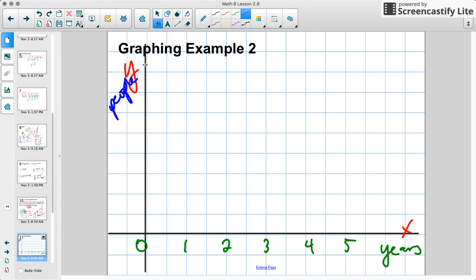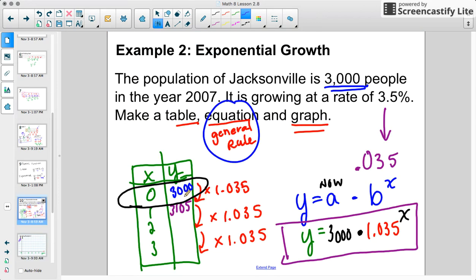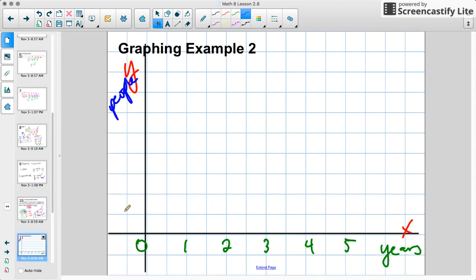I'm not going to count all the way up to 3,000 to make my graph, okay, because there were 3,000 people. I'm going to look at my values, which are 3,000 to about 4,000, I'm guessing. So I am going to go ahead and go up by 1,000 each time. And you, with your group, you can decide what you need to go up by each time. And then you can plot your points.